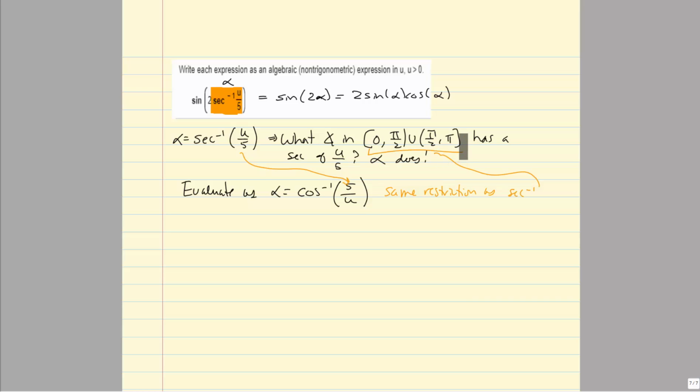And that was from right here. Well, I don't know the answer to this either, so what we need to do is put up a triangle. Now inverse secant, this argument is positive, so that means I'm in quadrant 1. Quadrant 1 basically is here, quadrant 2 is here, so I know I'm in quadrant 1. So let's go ahead and pop up that triangle.